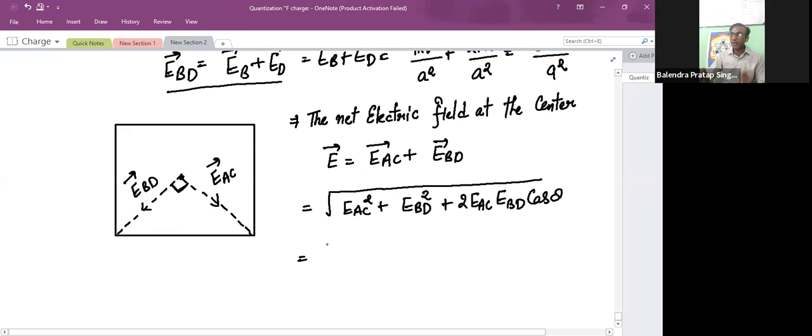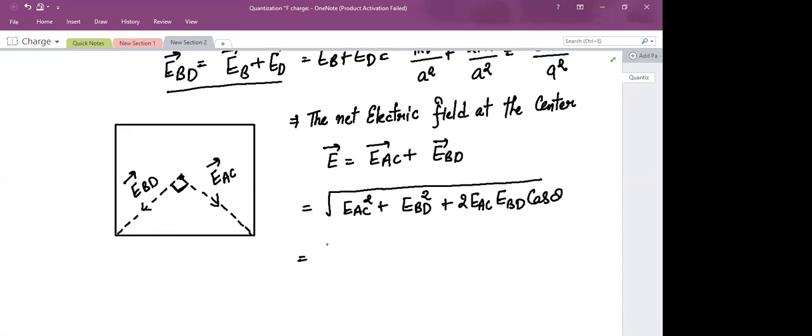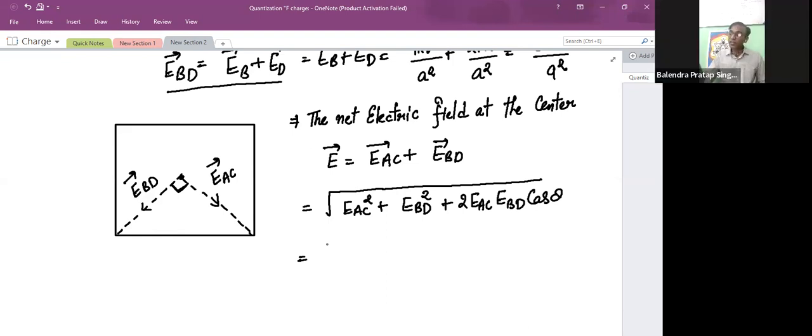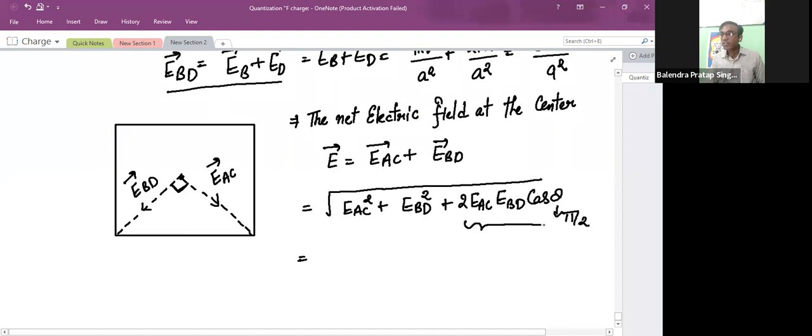Because here the angle is pi by 2, 90. Cos 0 is 1, and cos pi by 2 is 0. So in this case theta is pi by 2, and you know cos pi by 2 is 0. So this term will vanish, because cos pi by 2 is 0.